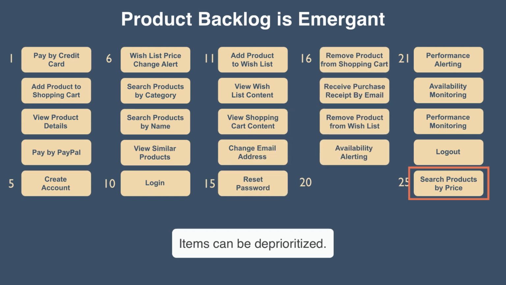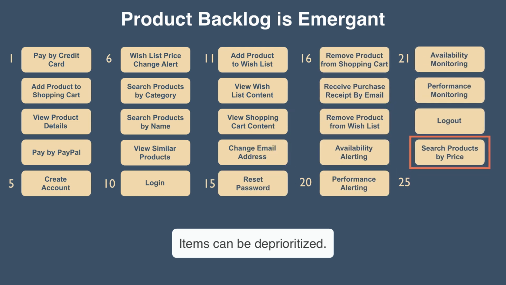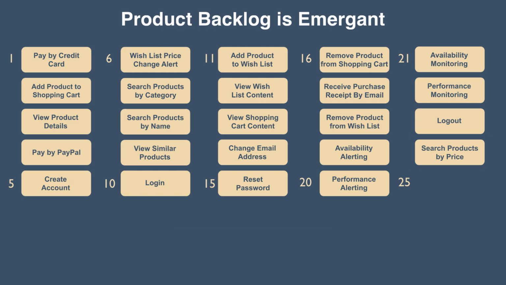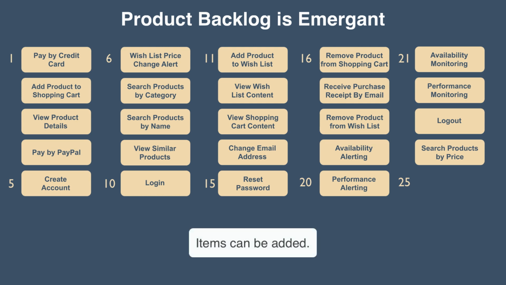It will not be deleted because later, when more important items are completed, the team might get to it and eventually complete that feature. Another example of a change is if a new feature needs to be added. Let's say pay by gift card is identified as a required feature, and its priority is deemed to be right after pay by PayPal and before user registration.